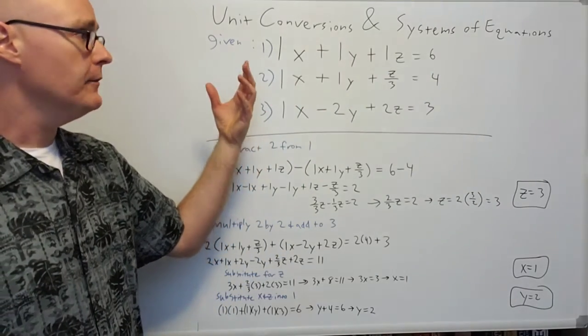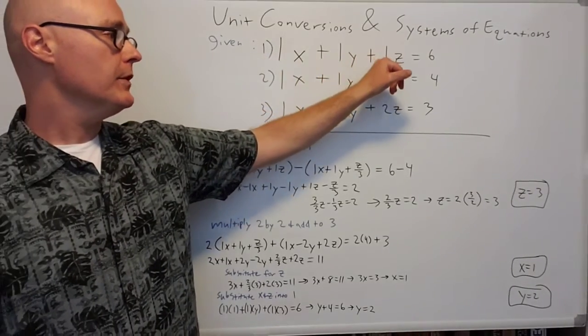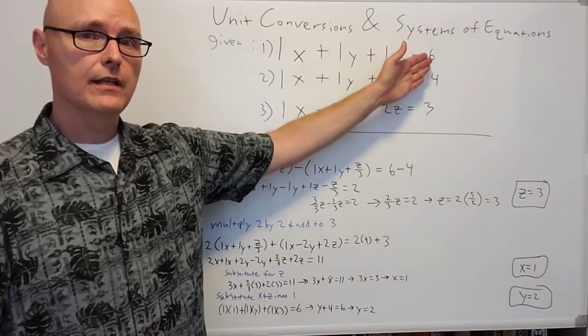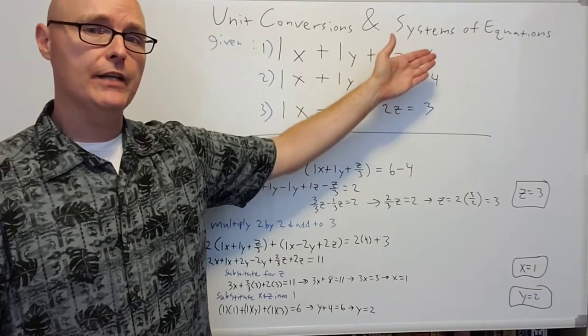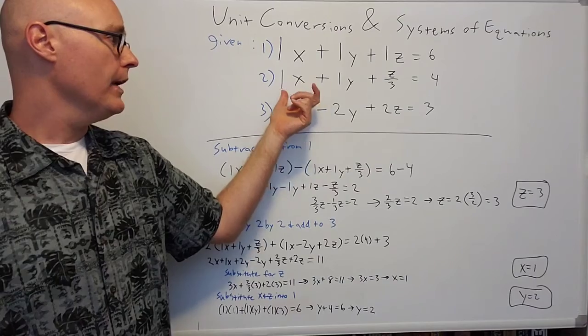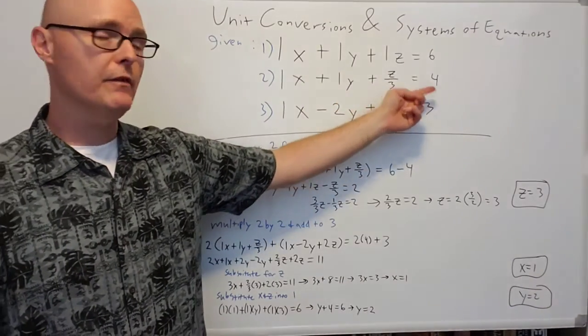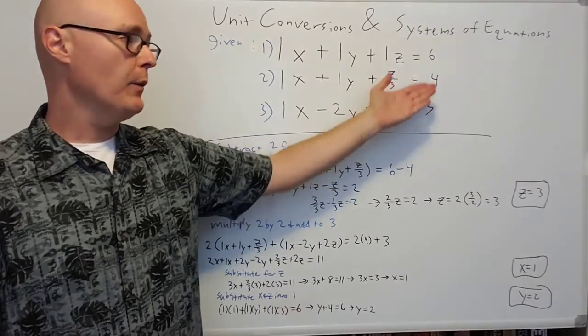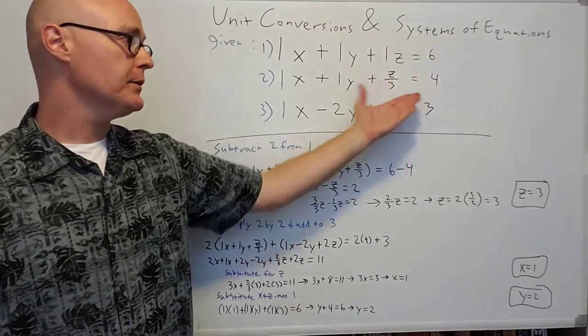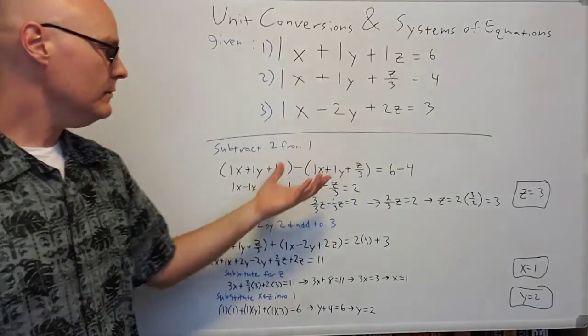We're going to say that if 1x plus 1y plus 1z is equal to 6, then anywhere that I use 6, I could also use this. And if 1x plus 1y plus z over 3 is equal to 4, everywhere I have 4, I could substitute it with this. Very similar to what we've been doing.